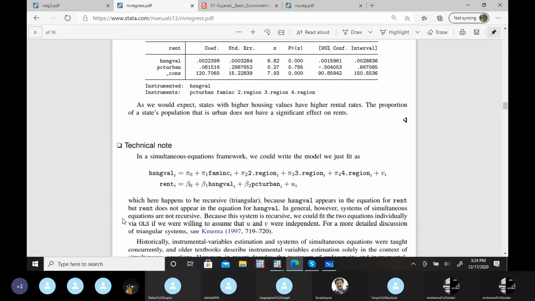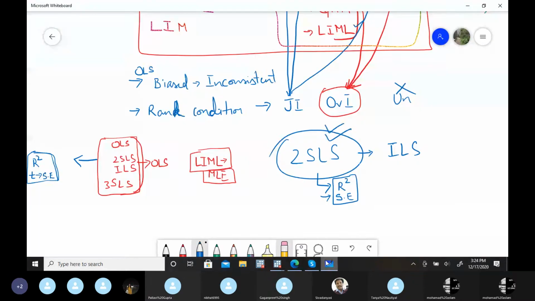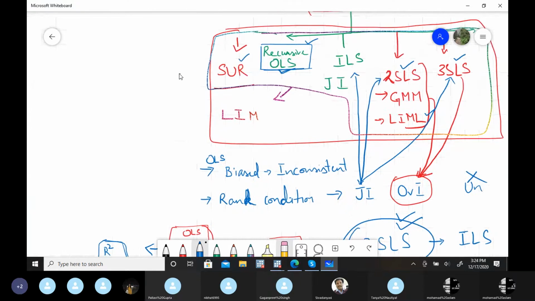If there is no correlation between the dependent variables, then there is no requirement to apply seemingly unrelated regression, since you only apply this method if there is a significant correlation between dependent variables.